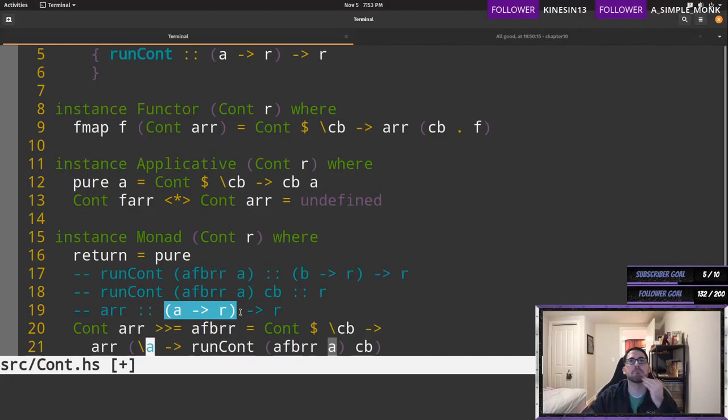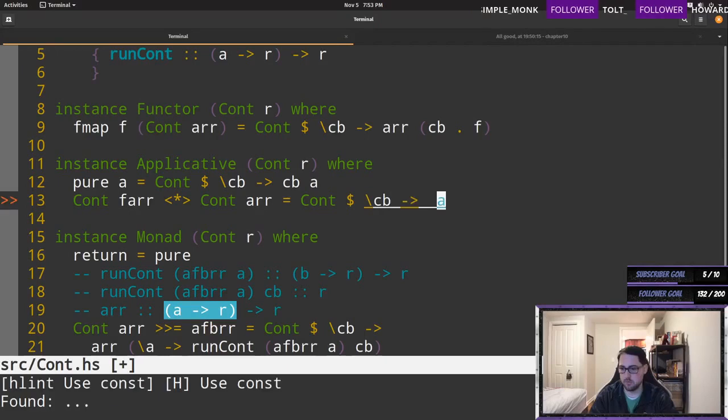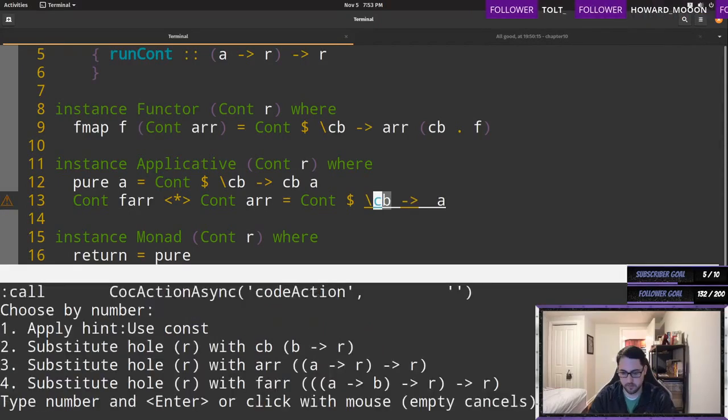Definitely tricky. All right, let's do the hard one. Maybe this isn't the hard one, actually. So if we go look at this, wrong thing, sorry.